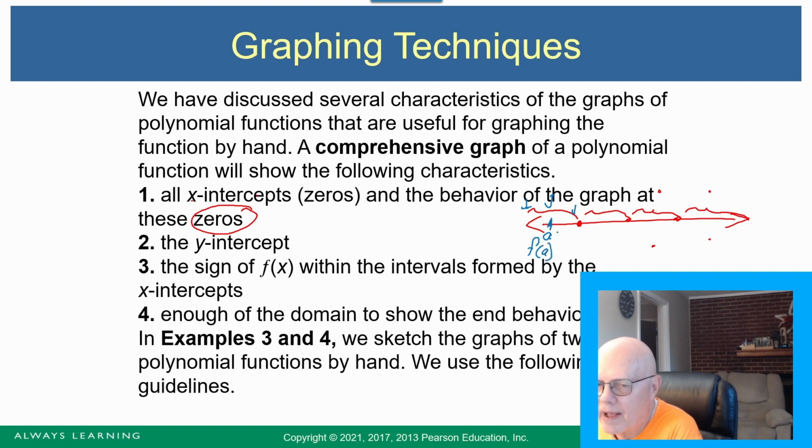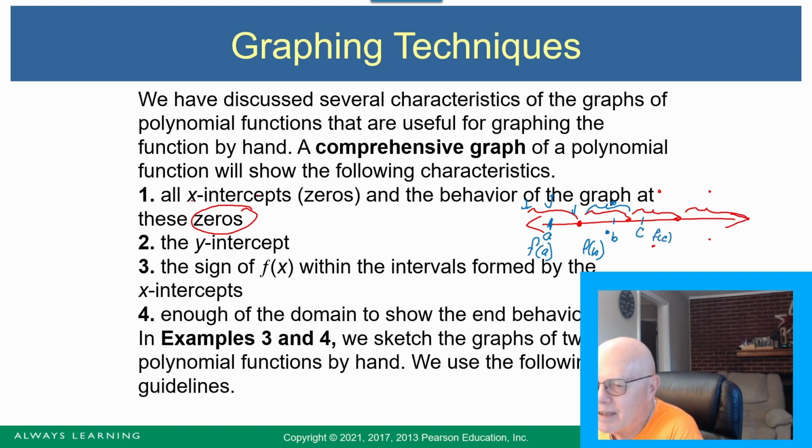Find f of A, and A is just any number at all in that interval. Let's suppose we pick this number in that interval. Just find the function value at B, and see whether it's positive, which means you've got points up here in that interval, or whether f of B is negative and it's down here. Same thing over here. Pick any value C in there.